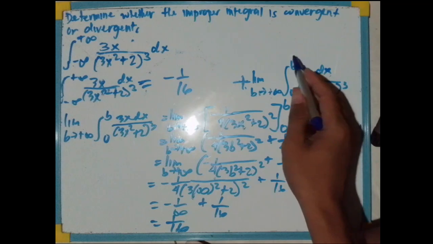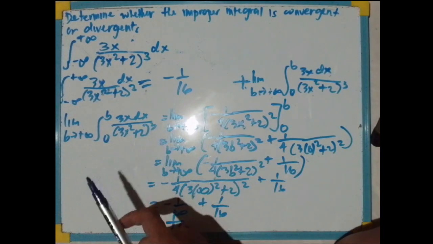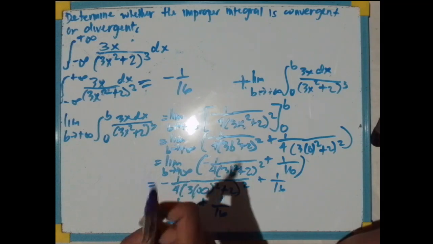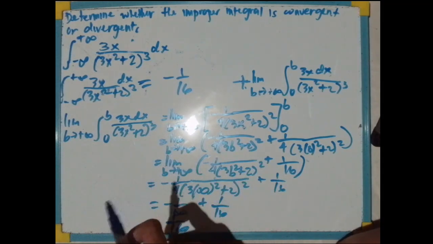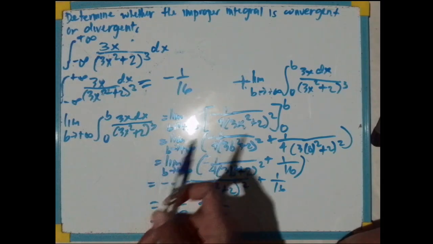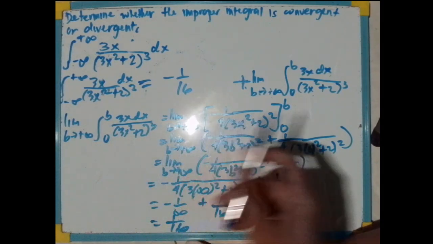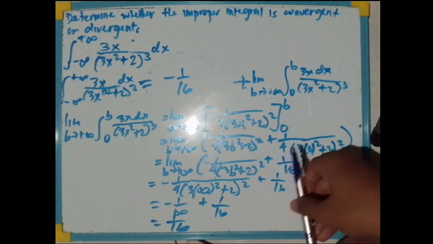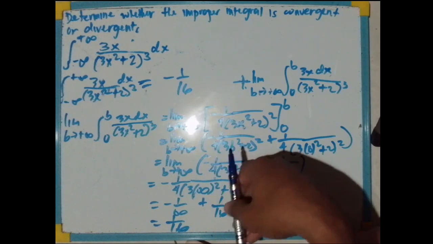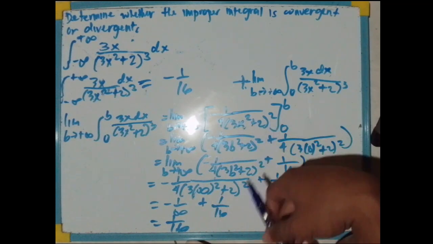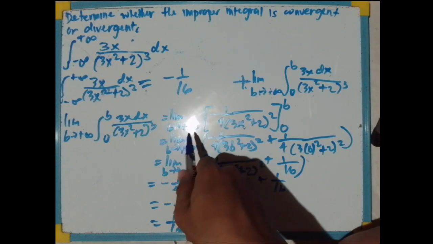Now evaluating this limit, this will become the limit of the integral from 0 to b of 3x over the quantity 3x squared plus 2 raised to the power of 3, which is equal to the limit of the definite integral from 0 to b of negative 1 over 4 times the quantity 3x squared plus 2 raised to the power of 2, as b approaches positive infinity.